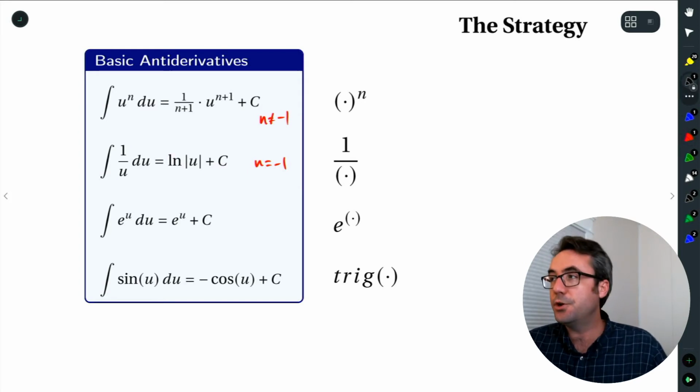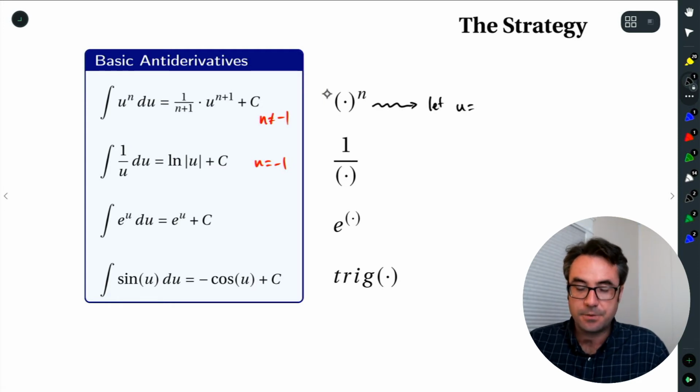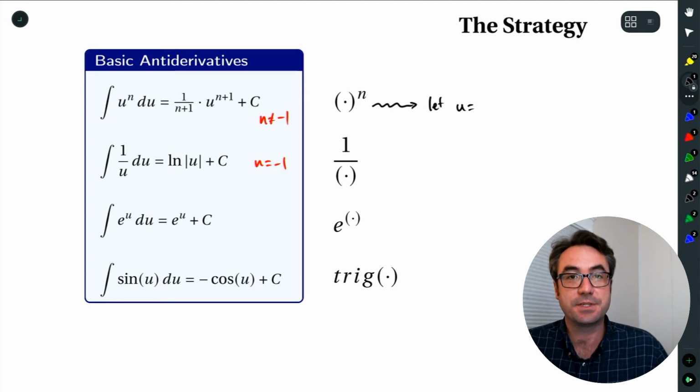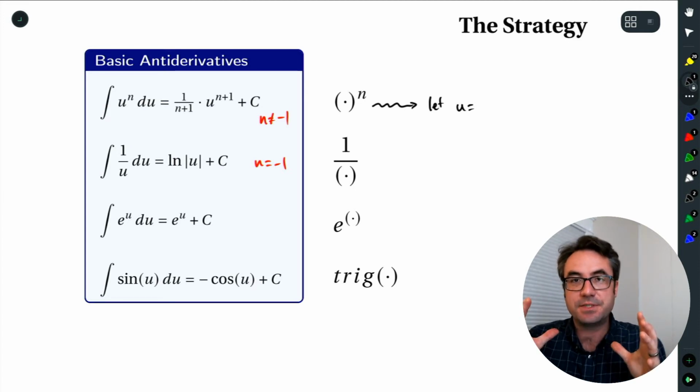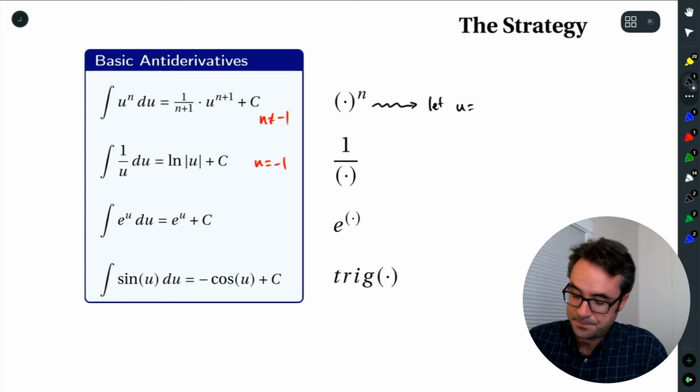And so what we're going to do is we're going to let u equal the terms that are inside the parentheses. So if you see parentheses and then you see something complicated inside the parentheses, it's a good indication that those terms that are inside the parentheses, that's going to be what you choose for u.